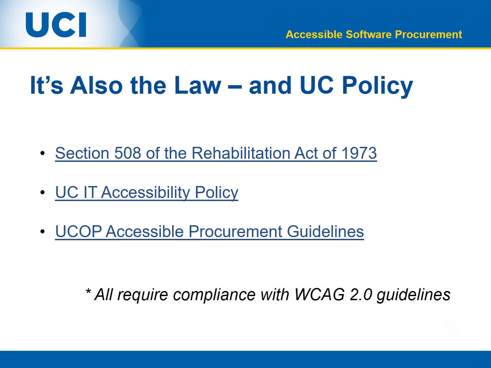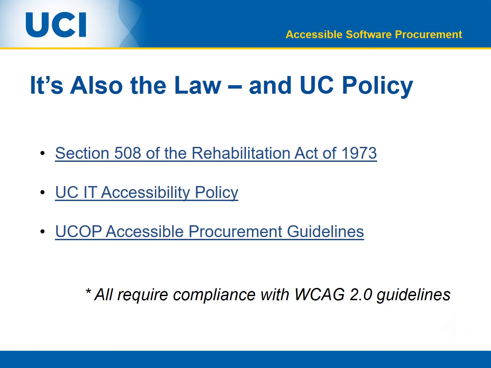So yes, it's the right thing to do, but if that doesn't convince you, it's also the law and UC policy. UCI uses a distributed delegation of authority for vetting accessibility and security for purchases. That means each software purchaser is responsible for ensuring that their purchases meet UC security and accessibility policies.